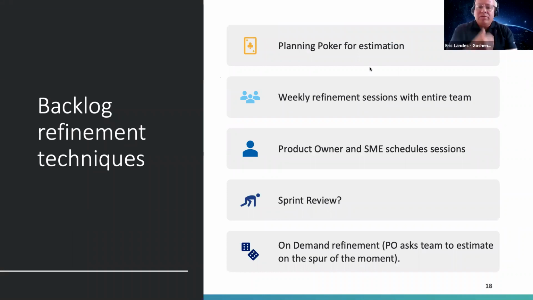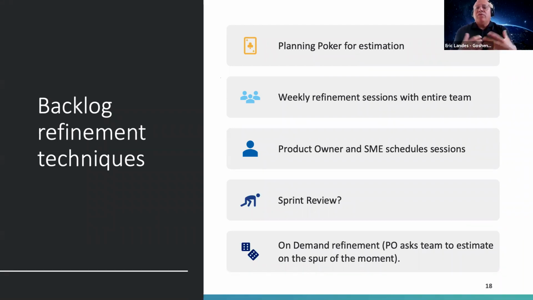You just gave us some techniques that play nicely into this next slide, which are some techniques we've found as far as when we would do backlog refinement and what we are going to do in there. So I've used planning poker for estimation. We've used other types of mechanisms to help teams estimate.